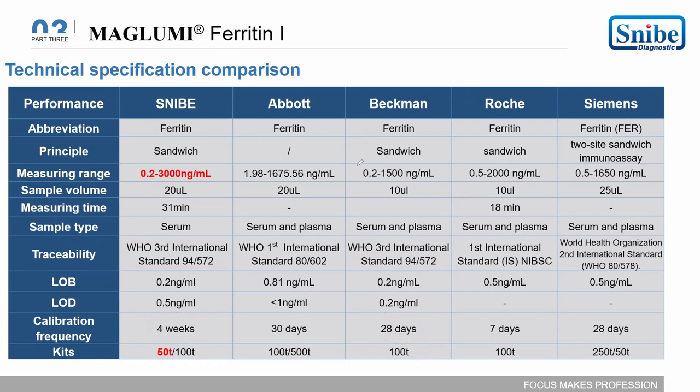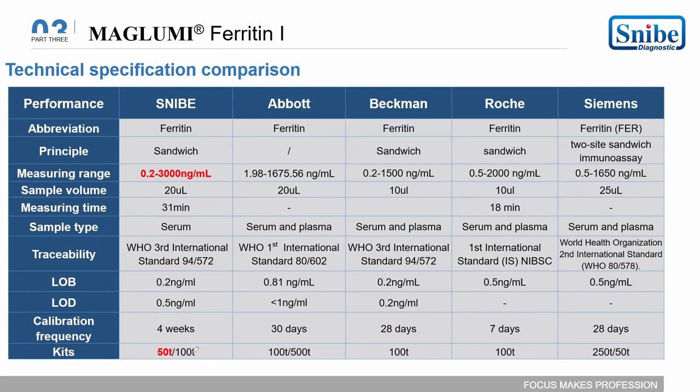Then we have a pack size of 100, which matches Beckman. If a customer has a low number of ferritin samples, they can use our 50 test pack size, which suits their low lab testing volumes. It helps them report patient results without frequent calibration and control.